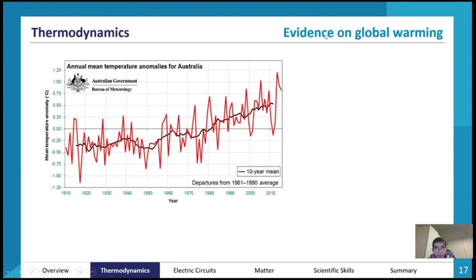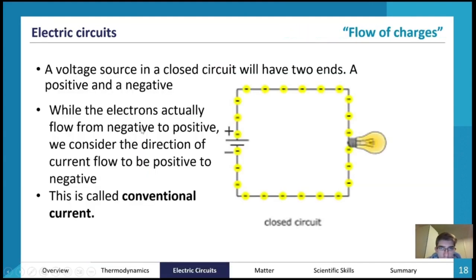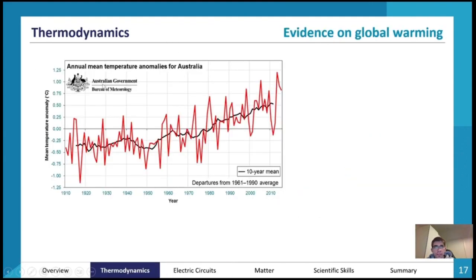There is evidence of global warming, of course, and this is government statistics, the Bureau of Meteorology. So obviously the mean temperature in Australia has increased by a lot.